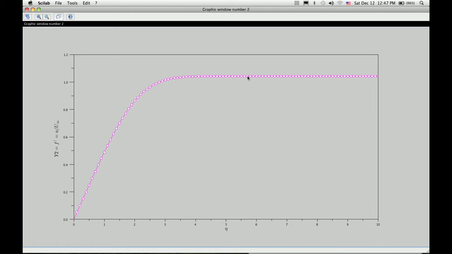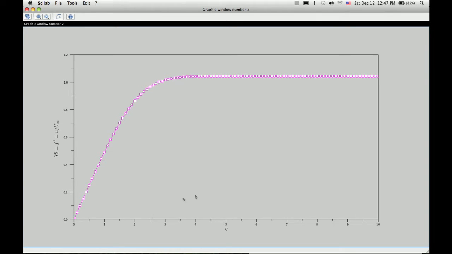Now what I'm beginning to do is read the plot. I think that's very important. Read the plot, okay. Otherwise these are just a set of lines or some markers. They need to mean something physically. That's the purpose of writing all this code. So at eta equal to 6, again f dash is 1. What does f dash equal to 1 mean? That u is equal to u infinity, meaning that u is equal to the free stream, right?